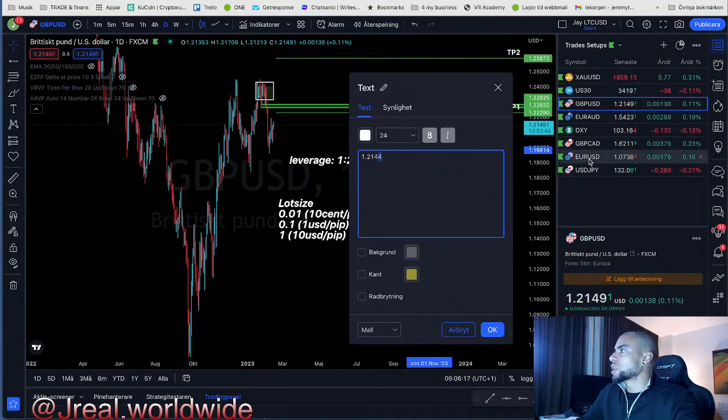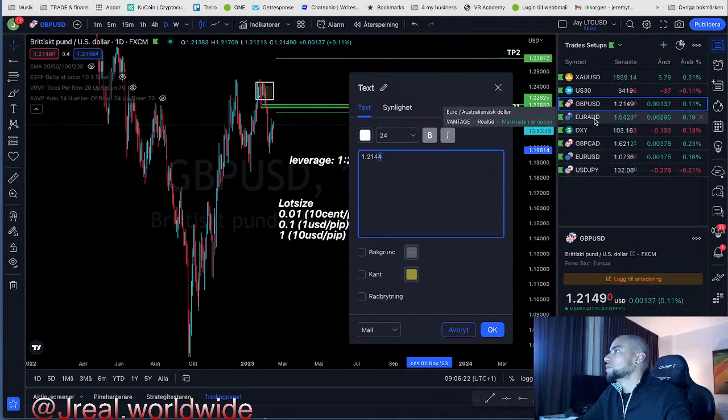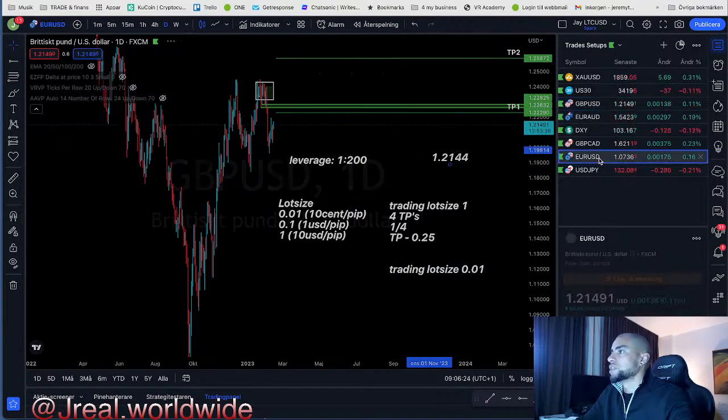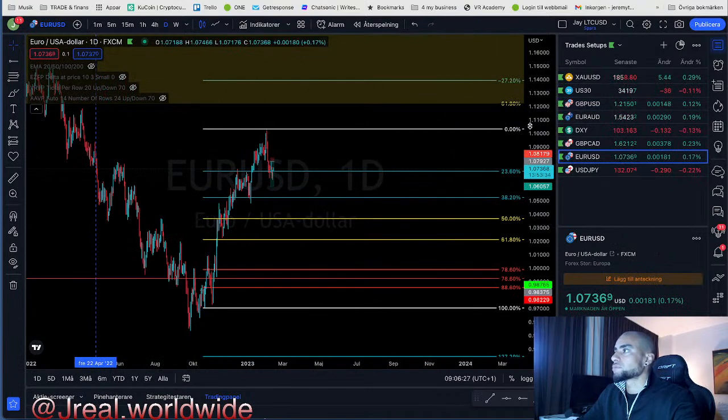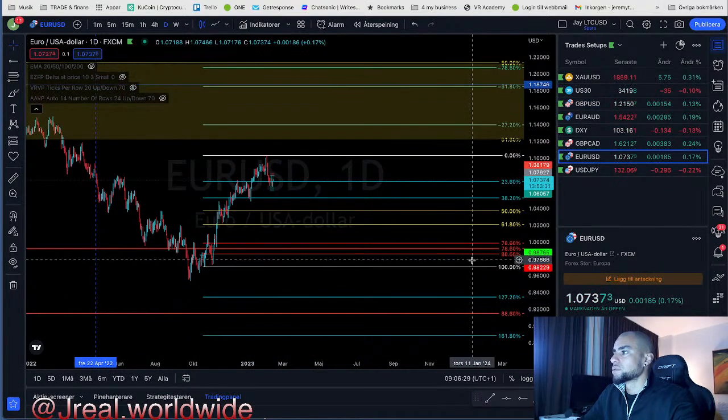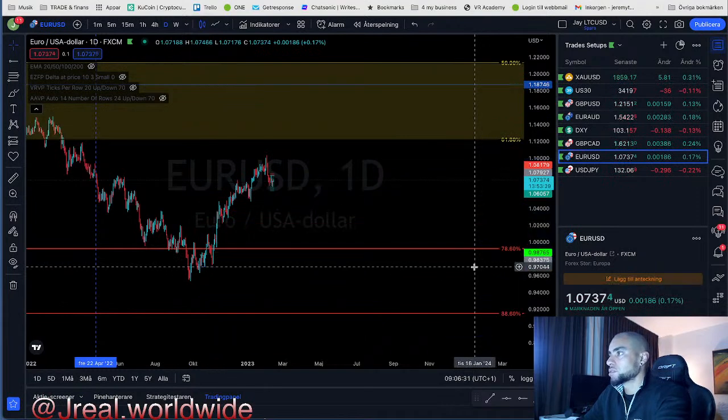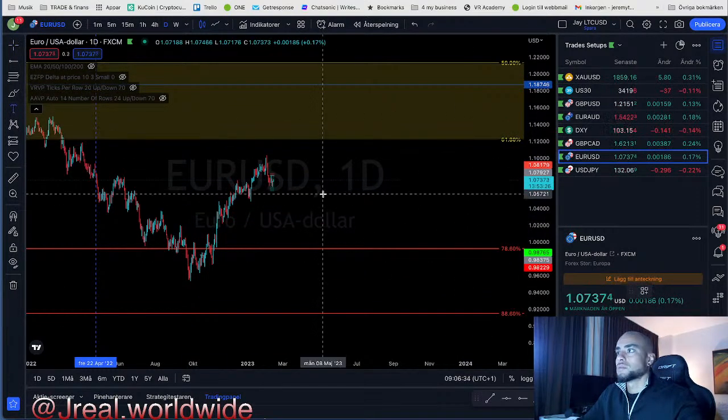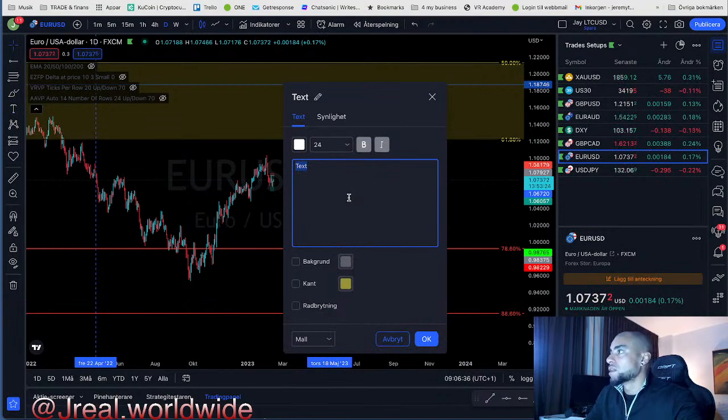To bring another example, let's look at Euro USD. Same thing. Let's remove some of these drawings. What is 1 pip? Let's say the price right now is 1.0737. Okay, so where is the pip? 1 pip is the fifth digit.